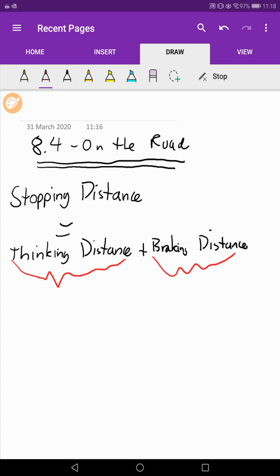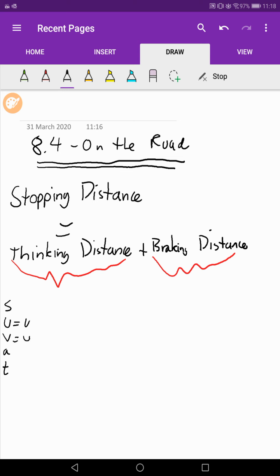So during our thinking distance, say we're just pootling along at a constant velocity, and we've got our normal SUVAT. Normal velocity, so that's going to equal U. Our velocity is not going to change during our thinking distance.